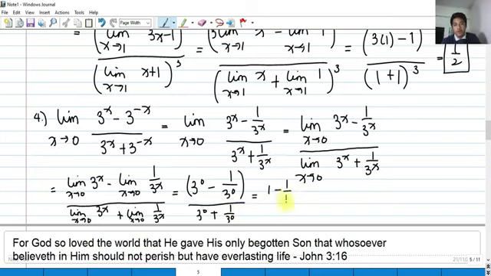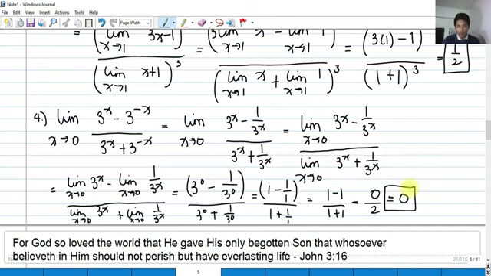So 1 minus 1 over 1, because 3 raised to 0 is 1, and 1 plus 1 over 1. So we have 1 minus 1 over 1 plus 1, which is 0 over 2. Notice that we have a 0 numerator. That's okay. We are trying to avoid only a 0 denominator. So 0 divided by 2, 0 divided by any number, would be equal to 0. So that's the limit for this problem.